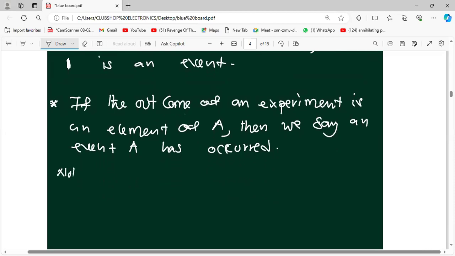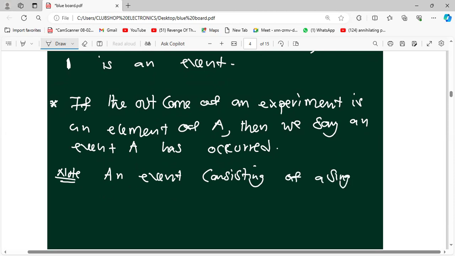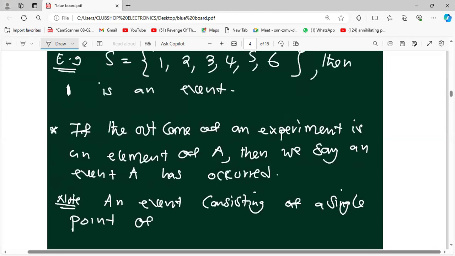Now, note therefore that an event consisting of a single point of S, like the example that I gave, say from the sample space of 1 to 6, we single out only one as an event.